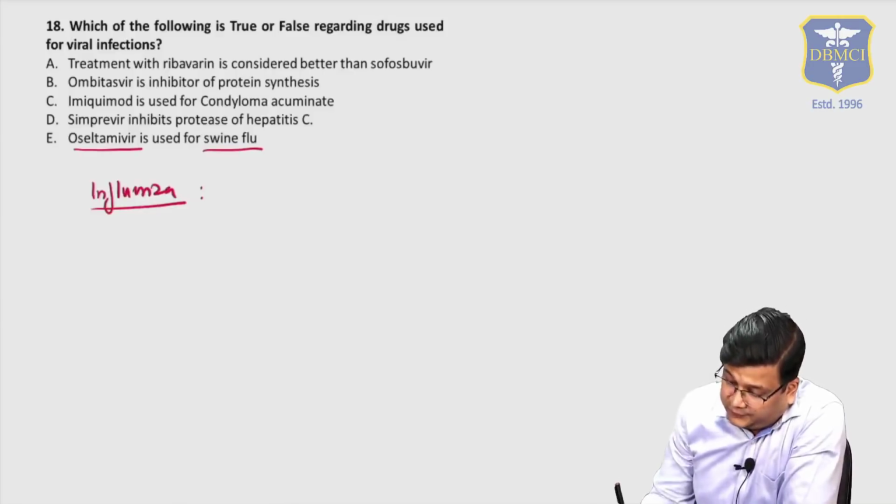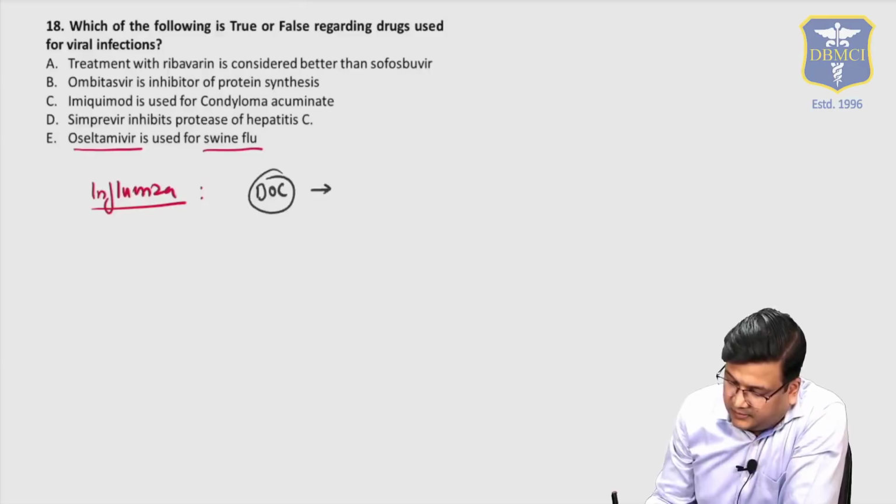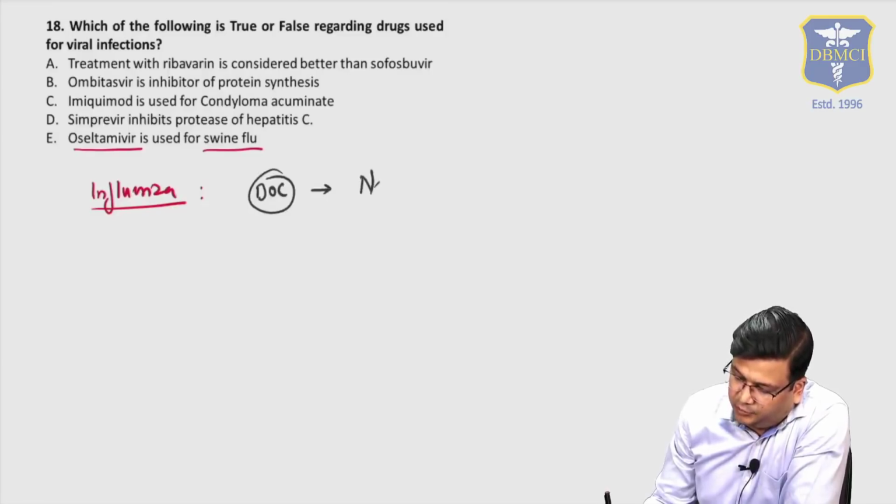The drug of choice is a class of drugs known as neuraminidase inhibitors.